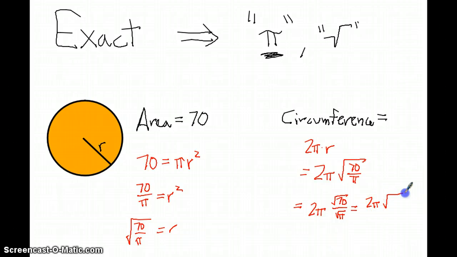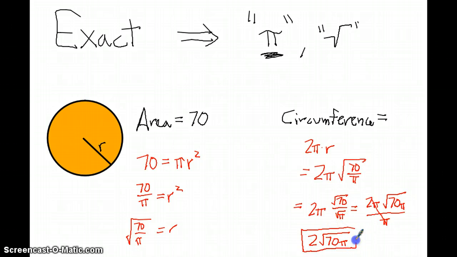I have the square root now of 70 pi over pi. Well, now I have some canceling that can happen. Great. So I have 2 times the square root of 70 pi. That's not impossible. You can have the square root of pi. Perfectly nice answer. That one algebraically, computation-wise, was kind of a pain, but, you know, they're making this a 9th grade problem and not a 4th grade problem when you first learned about this.